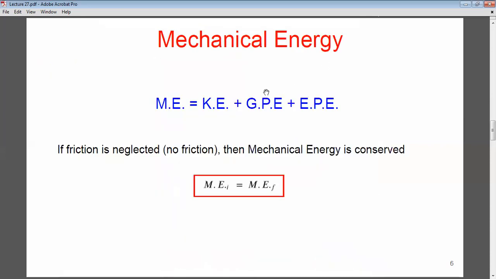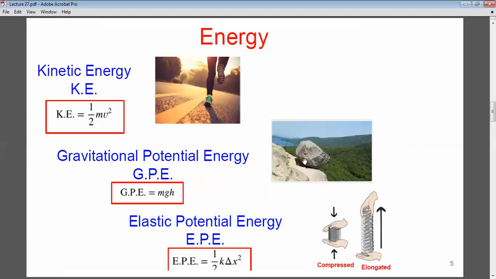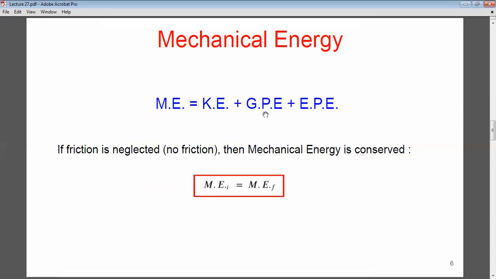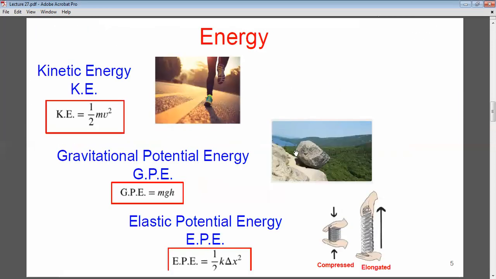The only form of energy I will introduce now is mechanical energy, which is simply the sum of all types of energy. So mechanical energy is kinetic energy plus gravitational potential energy plus elastic potential energy. Sometimes it's only kinetic energy if the object is not at an altitude and it's not connected to a spring. Sometimes it's only gravitational potential energy if it's standing still, like in this case, it is not moving. So there is no kinetic energy. So mechanical energy is GPE. There is no spring here.